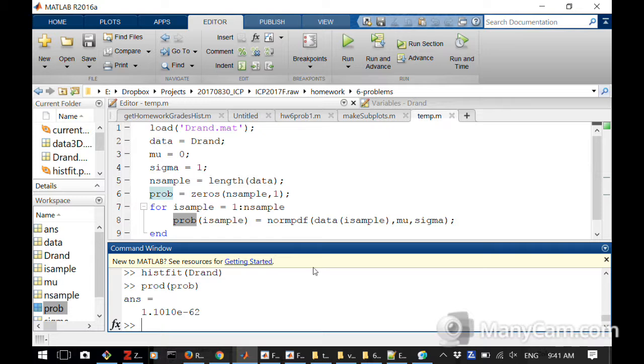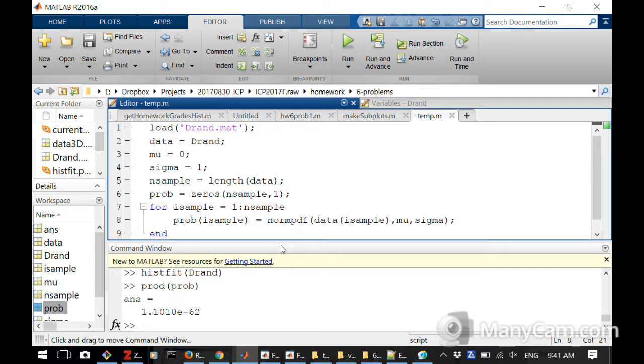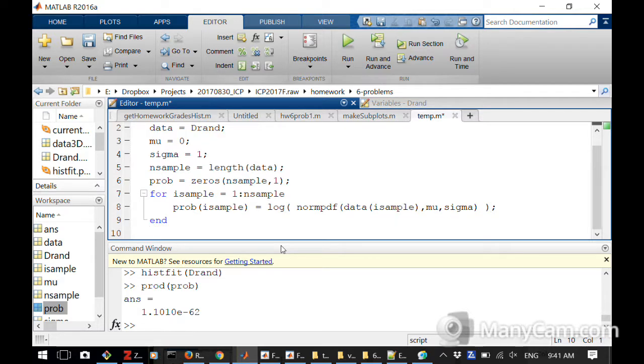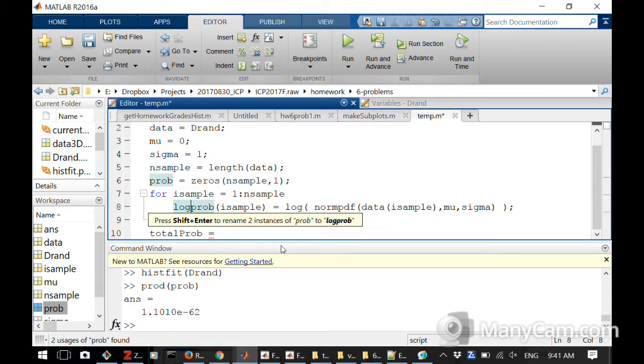So what I can say here is, take the log of norm PDF, and I'm going to rename this also in order to note that this is not probability anymore.